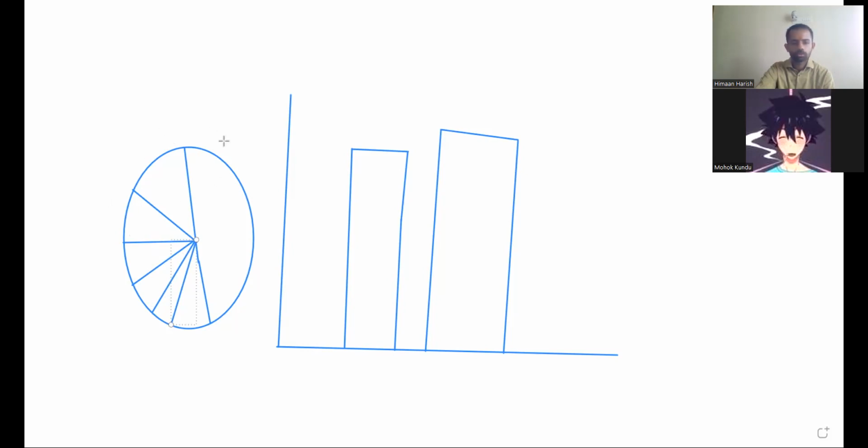Can we take fruits, for example? Different types of fruits. We can take it and mention each fruit in each pie. We can just plot the expenditure on fruits. So we can call the bigger pie slice the most, at least 50% or 45% of the expenditure is on apple, let's say.